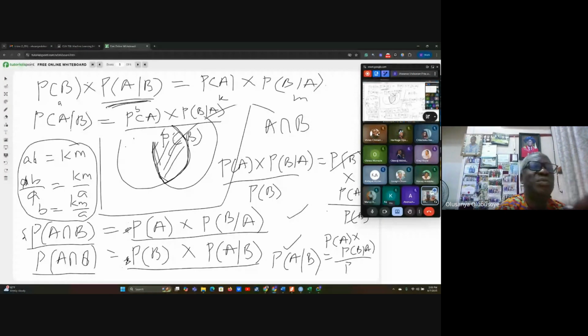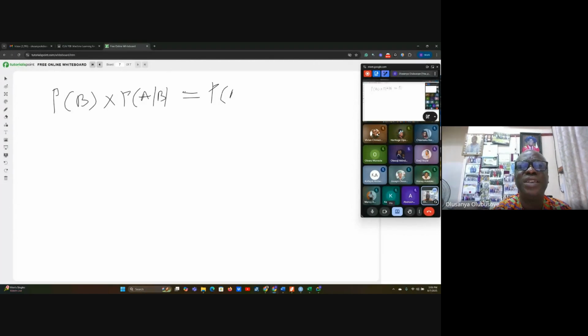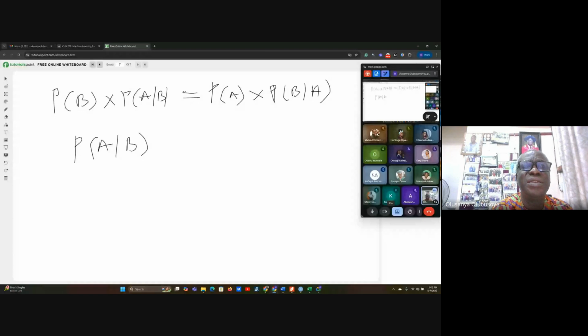Okay, let me open another page to make it clearer. So I have probability of B times probability of A given B to be equal to probability of A times probability of B given A. So I want probability of A given B as the subject.